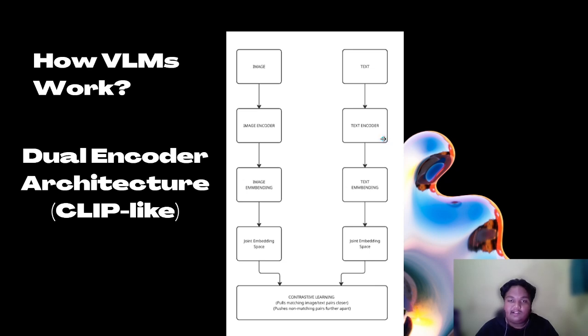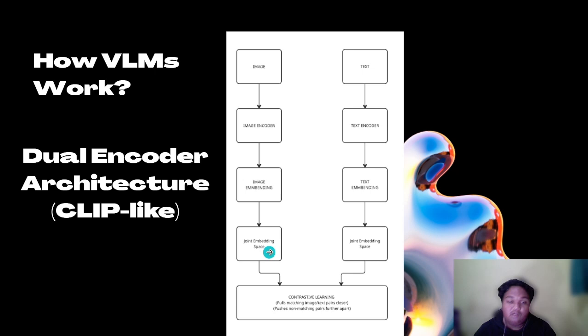What is the text encoder function? The text encoder's function is to turn text into numbers representing the meaning of the text. The outputs from these two are the image embedding and text embedding. After that, they go to the joint embedding.